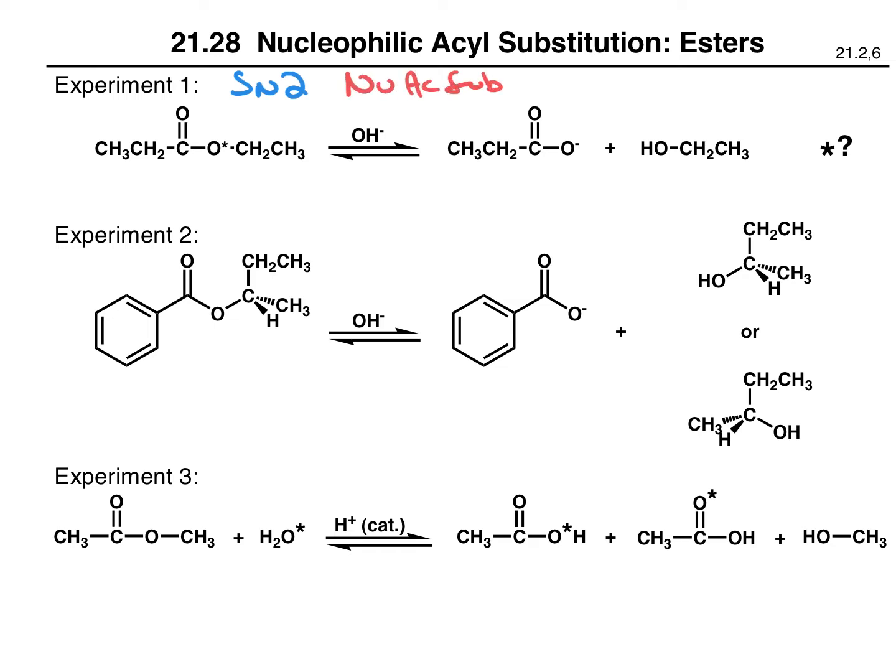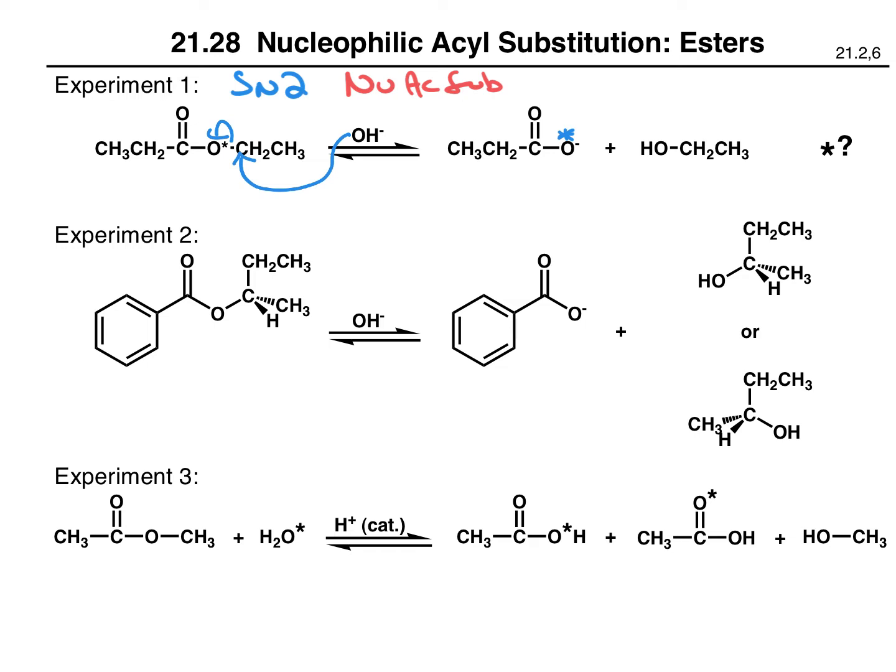So if we started out with our ester radiolabeled at this position, and this is treated with hydroxide. If this was an SN2 type of reaction, then this would add here, pushing away this as a leaving group, and so we would expect to find the label in the carboxylate.